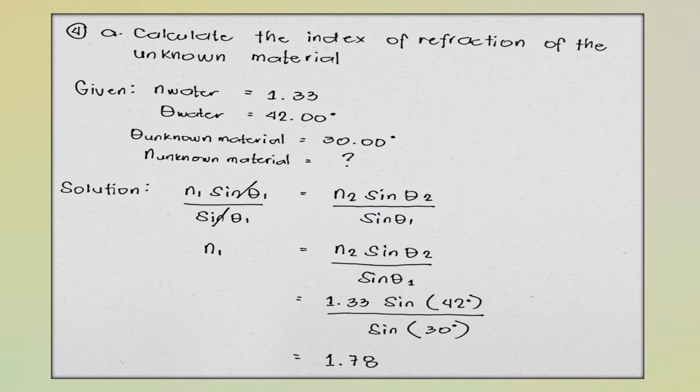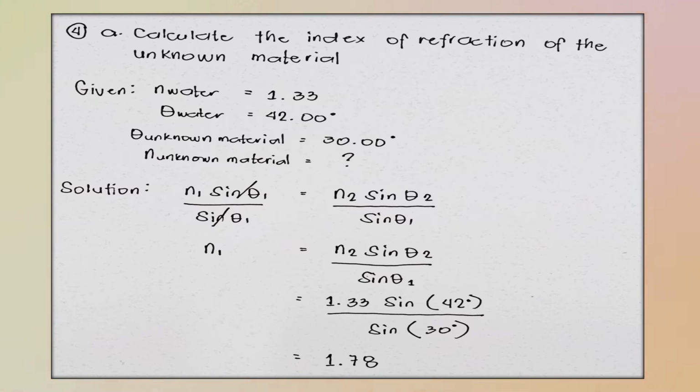For number 4, for letter A, we have to calculate the index of refraction of the unknown material. Now, as you can see in the figure given a while back, the refracted ray is the n water and the incident ray is the unknown material. So, in this example, we are looking for the n1.